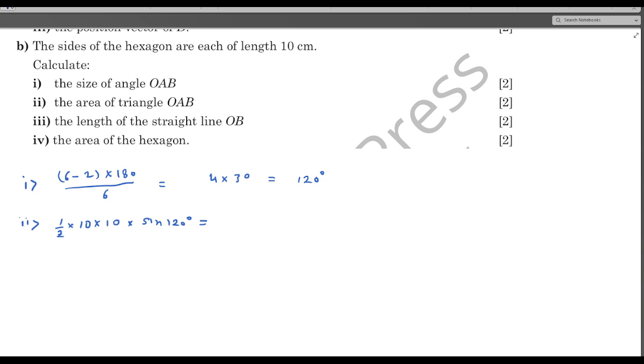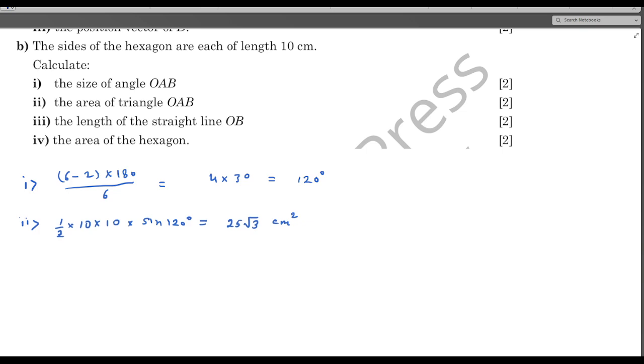So 10 times 10 is 100, 100 divided by 2 times sine of 120. Result we will get as 25 root 3. So 25 root 3, this is your area. Area is in centimeter square.